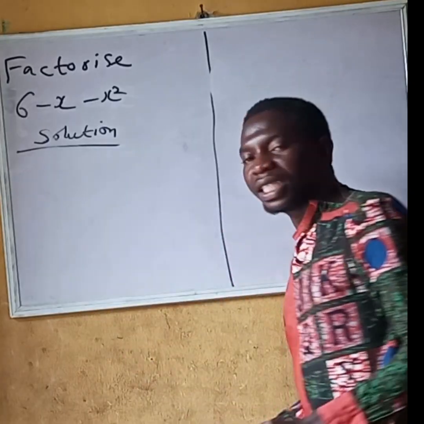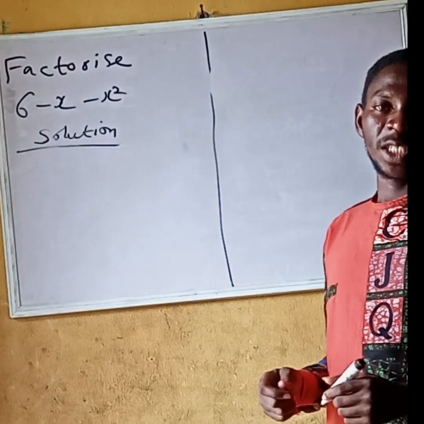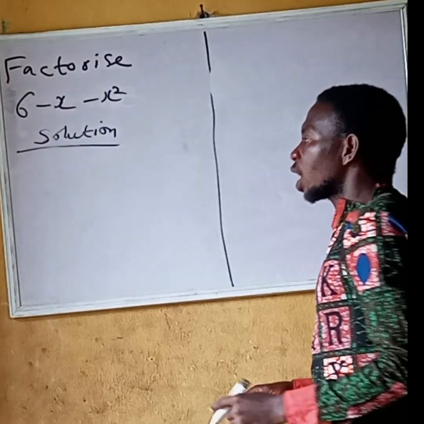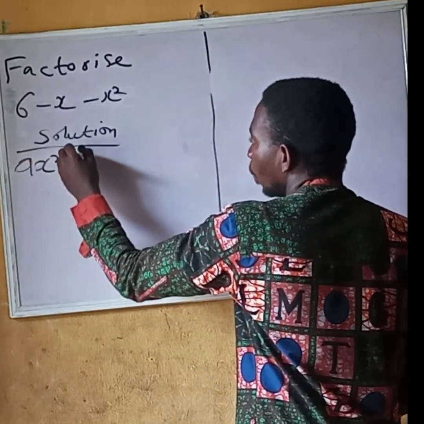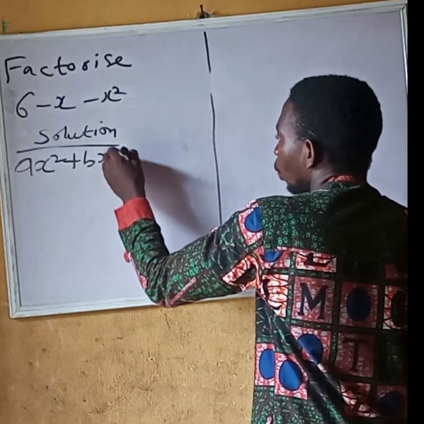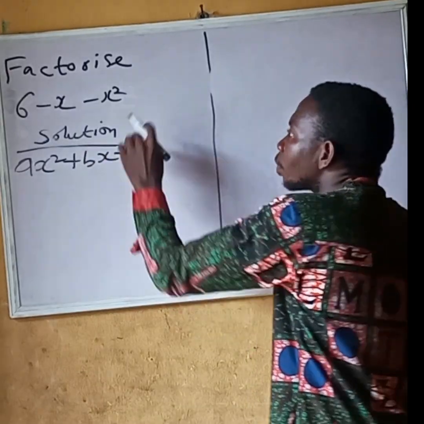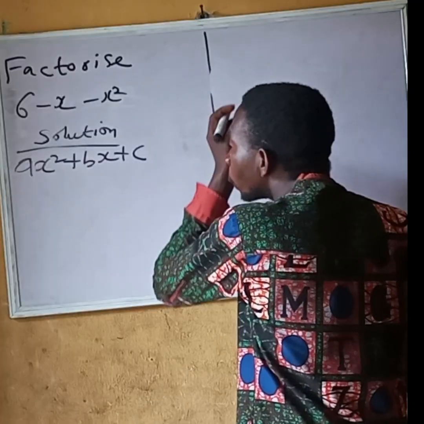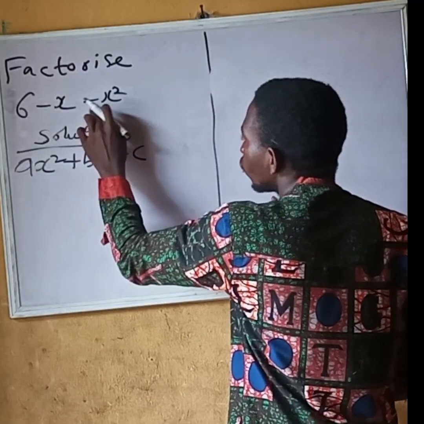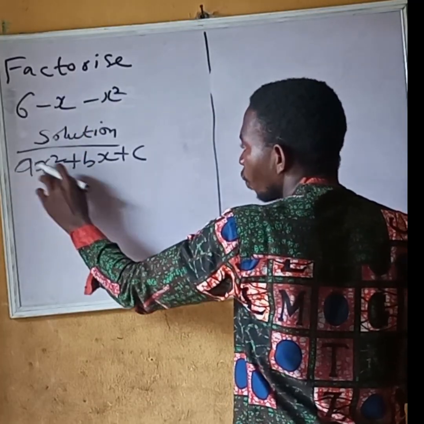First thing is to write the general form of a quadratic expression. The general form of a quadratic expression is a s squared plus bs plus c. Now, if you compare this expression with the general form, the coefficient of s squared is a.